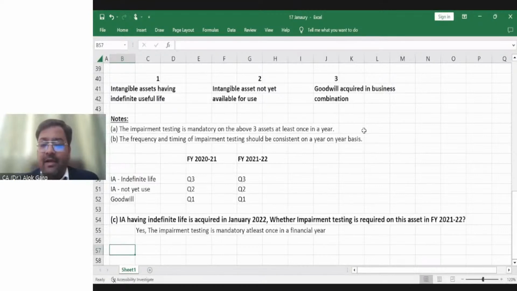Again, I am reiterating: doing impairment testing does not mean that you have to do the impairment. Doing impairment testing means you have to check the recoverable amount. What is your fair value less cost to sell and what is your value in use, right?